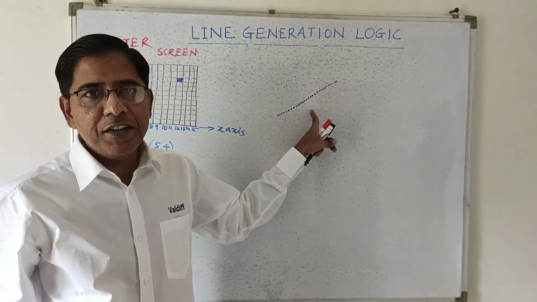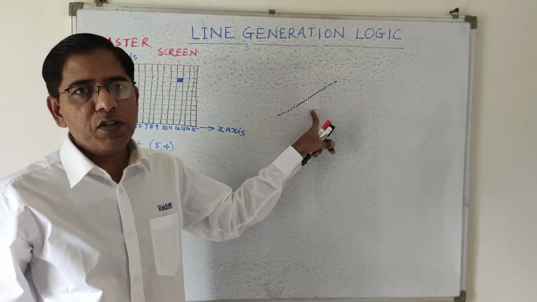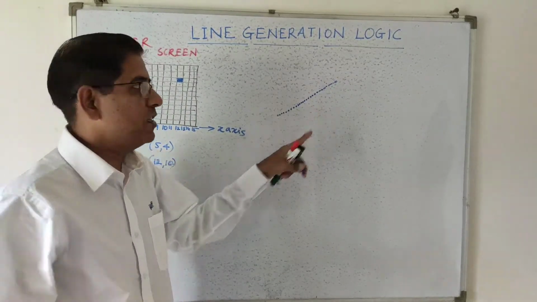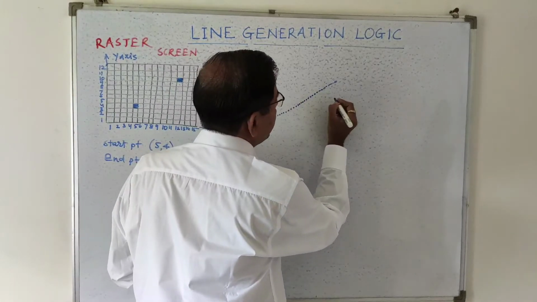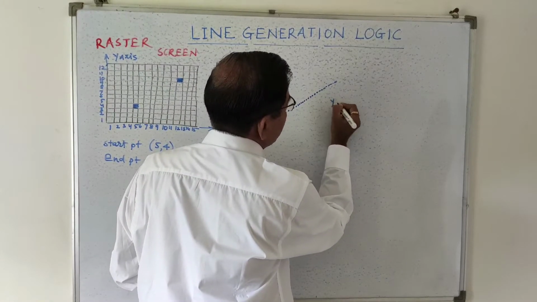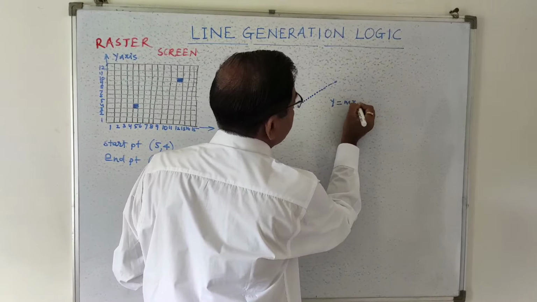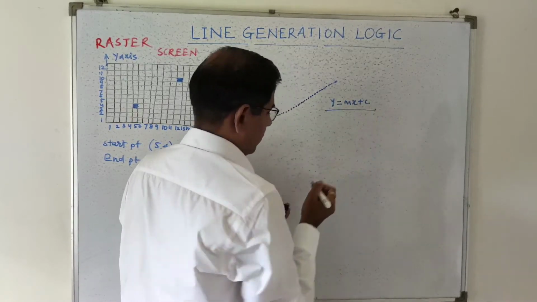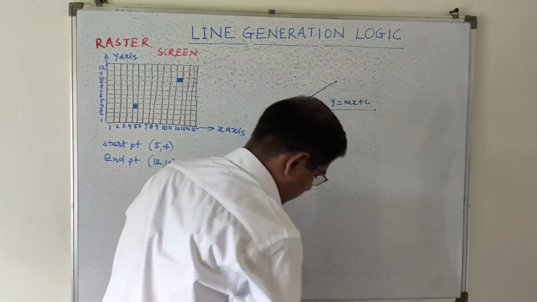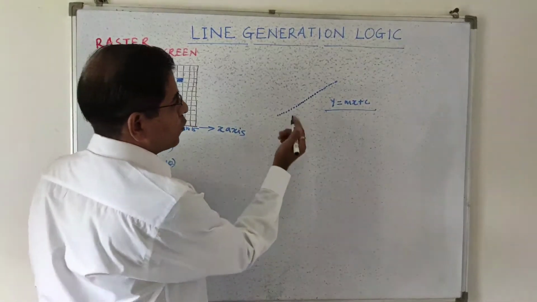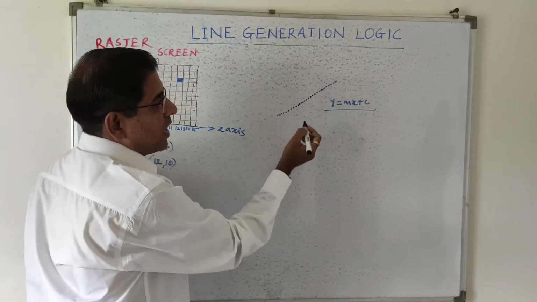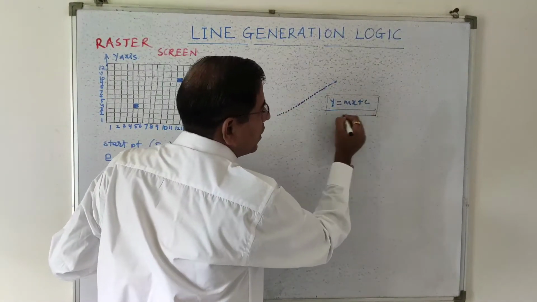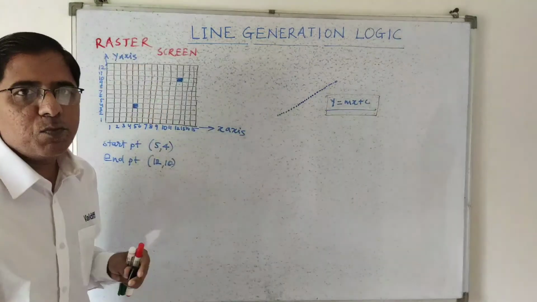And all these points satisfy the equation of a line, y equal to mx plus c. That means every point on this line satisfies y equal to mx plus c.